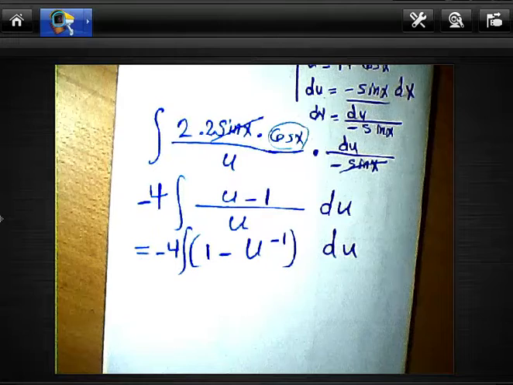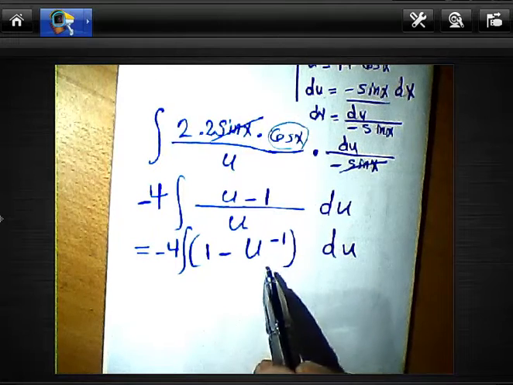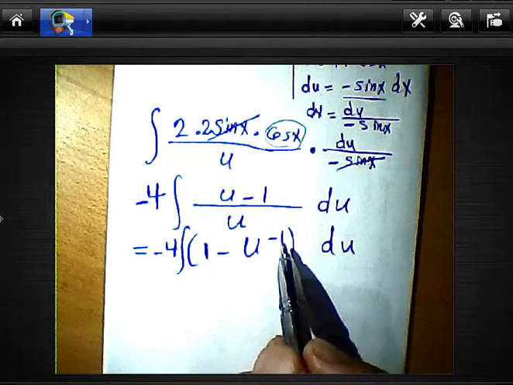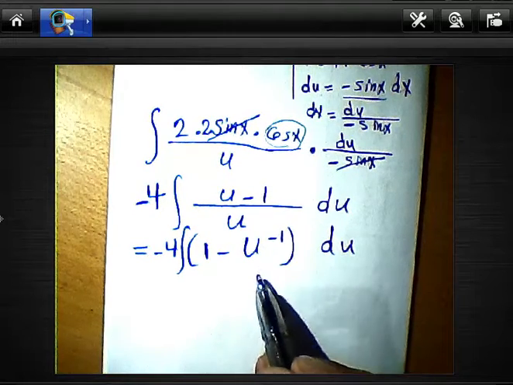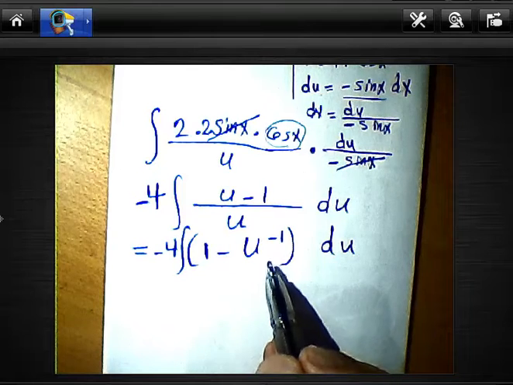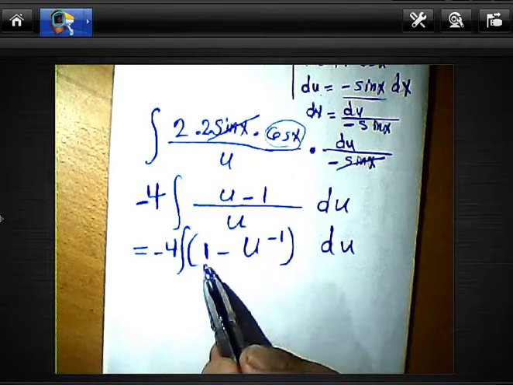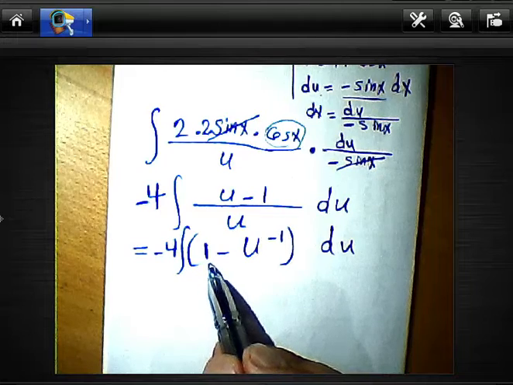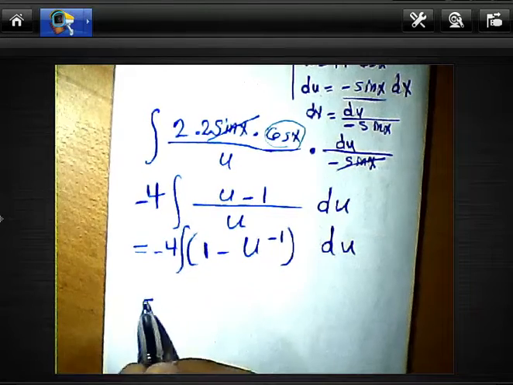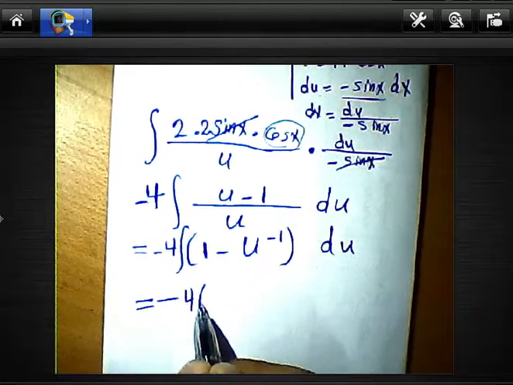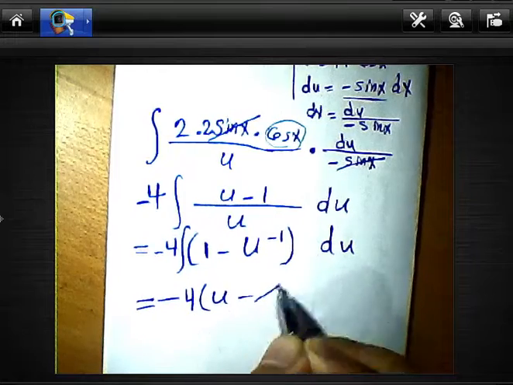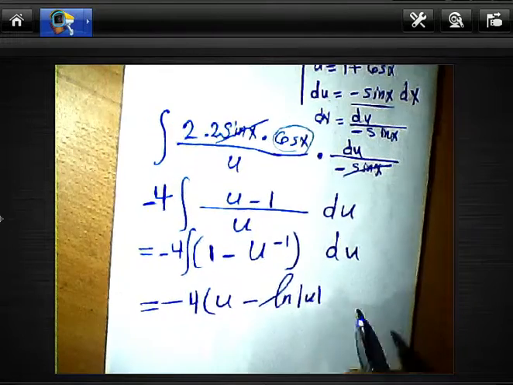In this example, the integral of 1 over u is ln u. And it was u. So the result will be negative 4 multiplied by u minus ln absolute value of u plus constant.